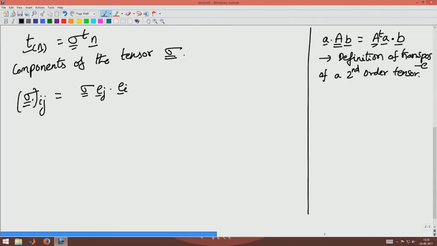Basically, if you want to move A from operating on a to operating on b, that will come with a transpose symbol.